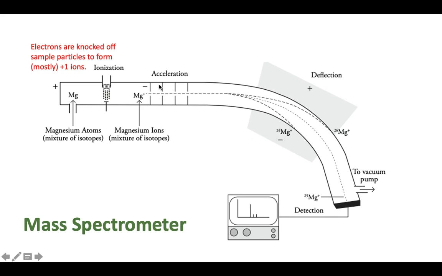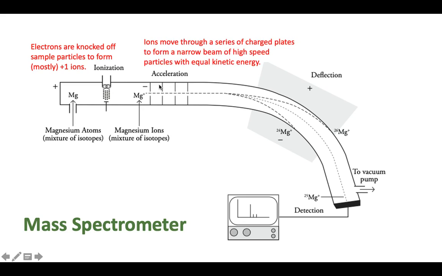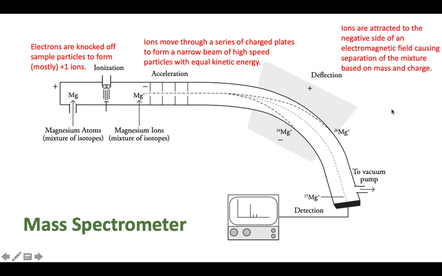And so in the mass spectrometer, we have an acceleration of the ions to speed them up. They go through charged plates, and then they travel at high speeds. After acceleration, they get deflected. When they get deflected, the ions are attracted to the negative side of the electromagnetic field. So here's the negative side and here's the positive side.